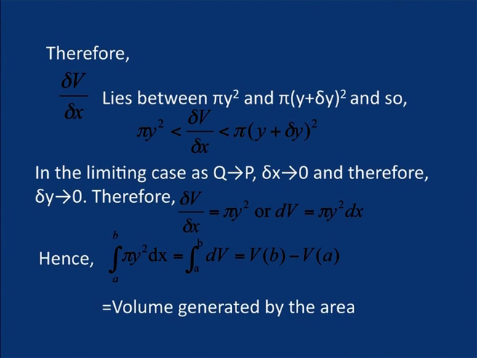Therefore, delta V over delta x becomes pi y square, or dV becomes pi y square dx. Therefore, the integral from a to b of pi y square dx represents the volume, the integral from a to b of dV, that is equal to V(b) minus V(a), that is the volume generated by the area formed by the revolution of the curve.